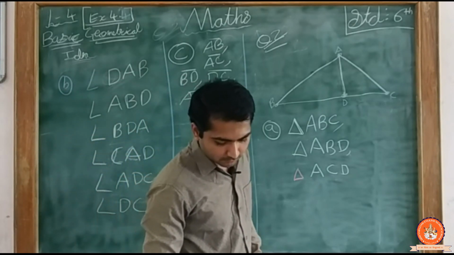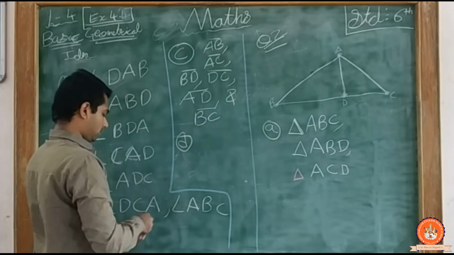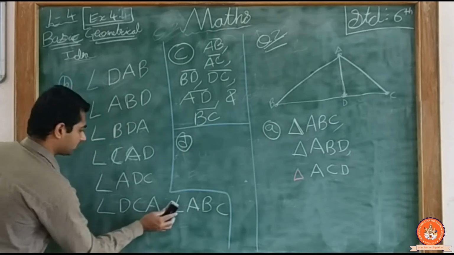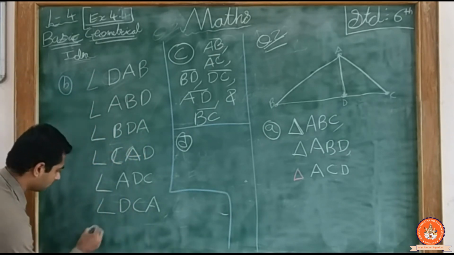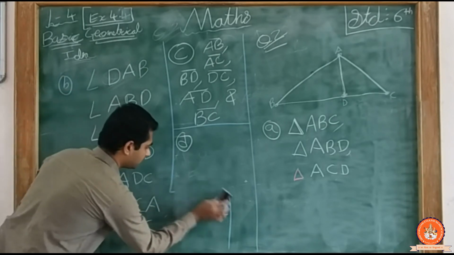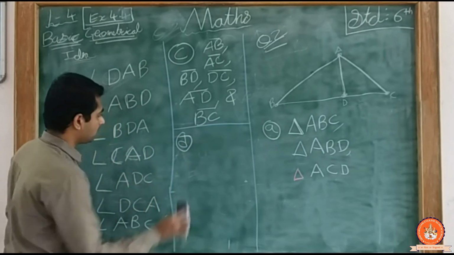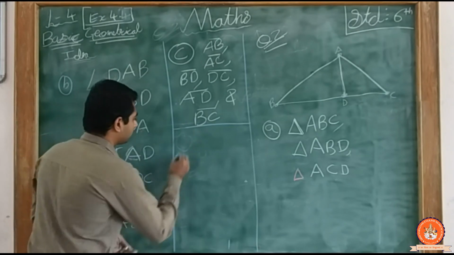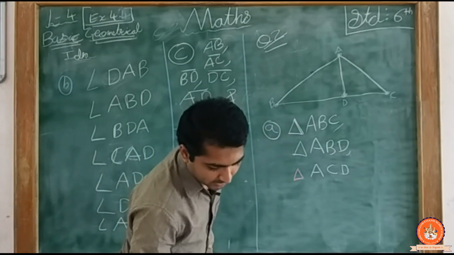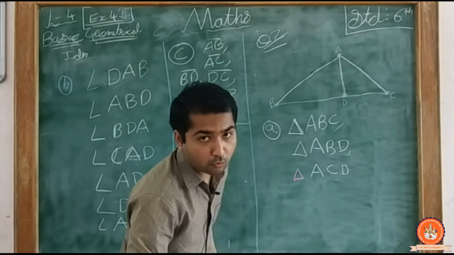Now moving on, question number D. This is my question number D. Or else I should rub this much. ABC, so it is visible to you. What do they ask in question D? Which two triangles have angle B as common?